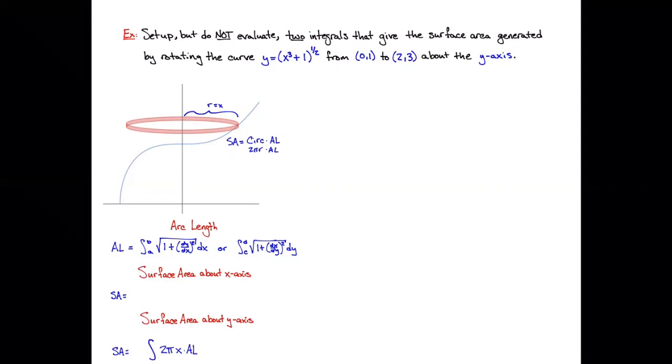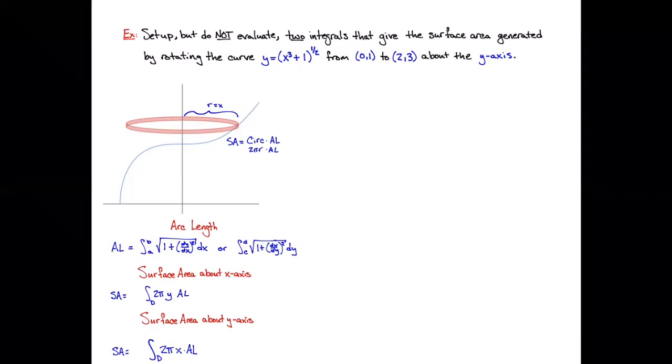That formula doesn't change much. If you're rotating about the x-axis, the only difference is that your radius would be y instead, so it would be the integral of 2 pi y times arc length. Both of these are done over whatever the appropriate domain is. And so that's where we're going to start.